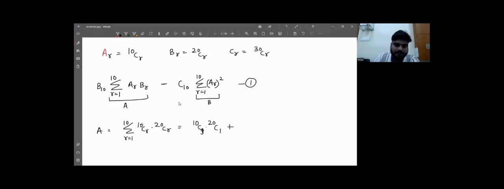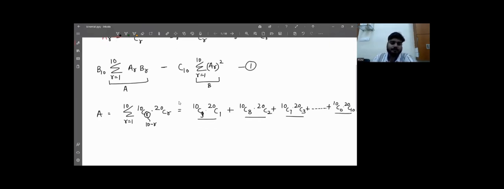Basically I am replacing r with 10 minus r. Now the next term will be 10C8, 20C2, and the next term will be 10C7, 20C3, and continuing like this the expression reaches 10C0, 20C10.